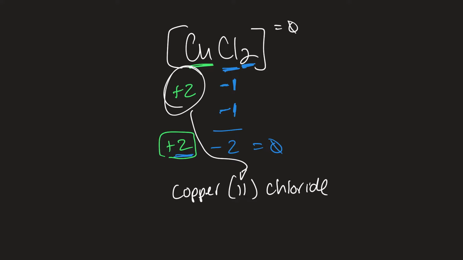Okay. Let's look at another example. So let's say that we have MnO. We need to figure out what is the charge of Mn, manganese.